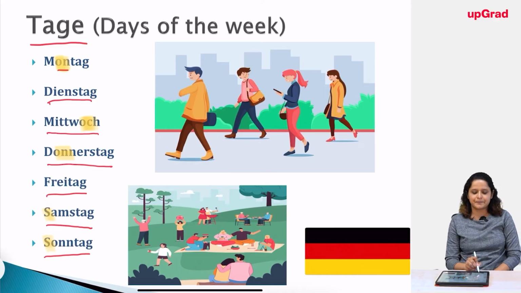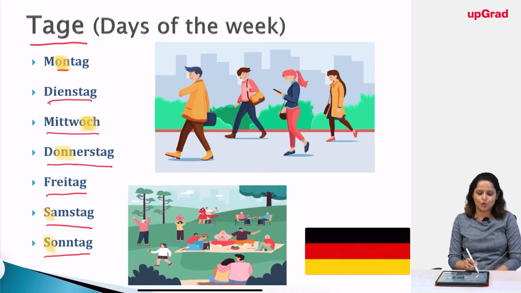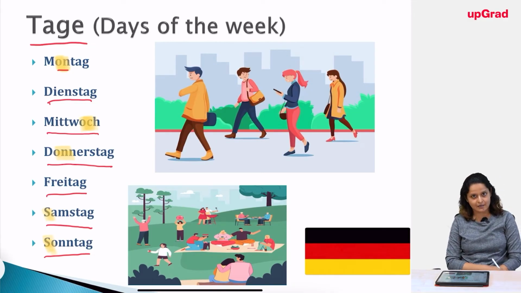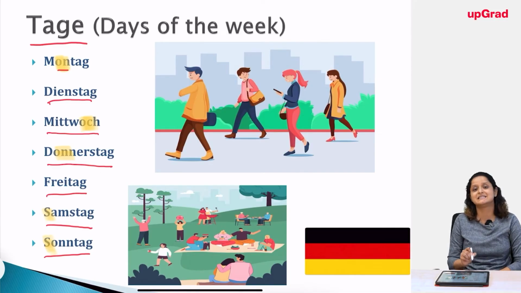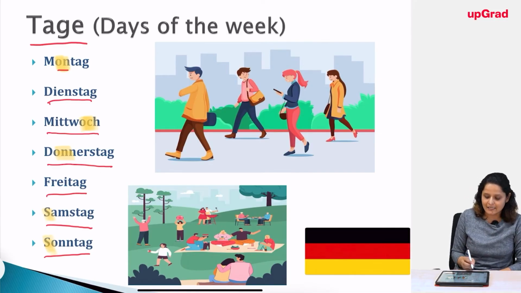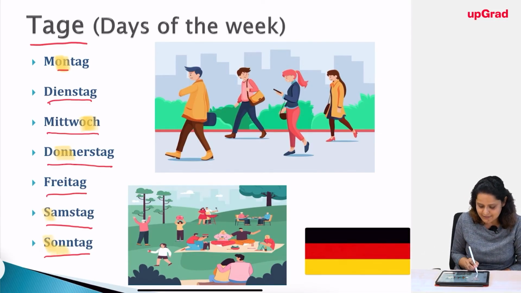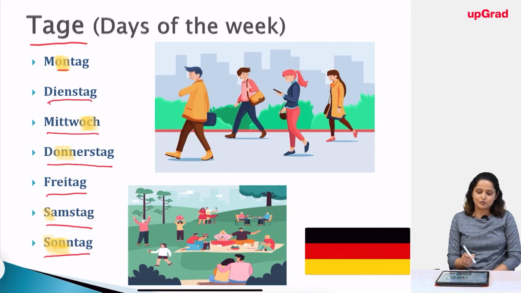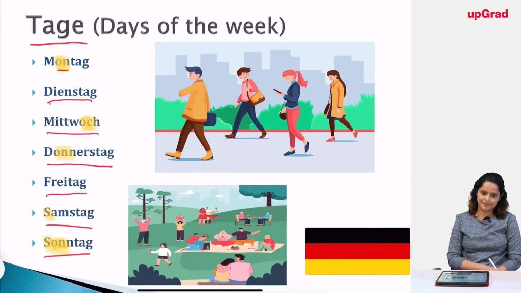And similarly, the pronunciation of SO becomes ZO, which is Sonntag. So it is not S, it is Z. Another pronunciation here in Sonntag is again that extended O and double N. So like Donnerstag, the pronunciation of Sonntag is also a little bit stretched. So Donnerstag, Sonntag.